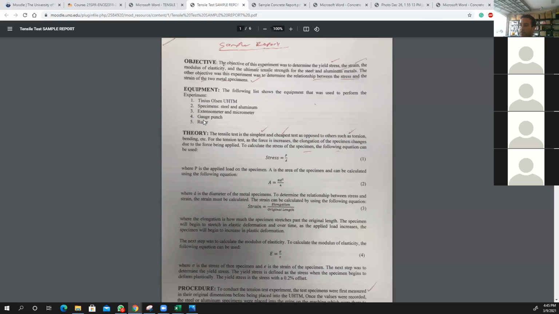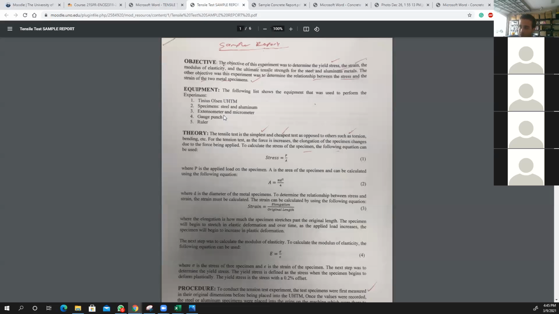Equipment is the same. The UHTM stands for Universal Hydraulic Testing Machine. That's the machine, it's not working. We're trying to figure out what's wrong. And specimens, steel and aluminum. The extensometer is used to measure the change in length.